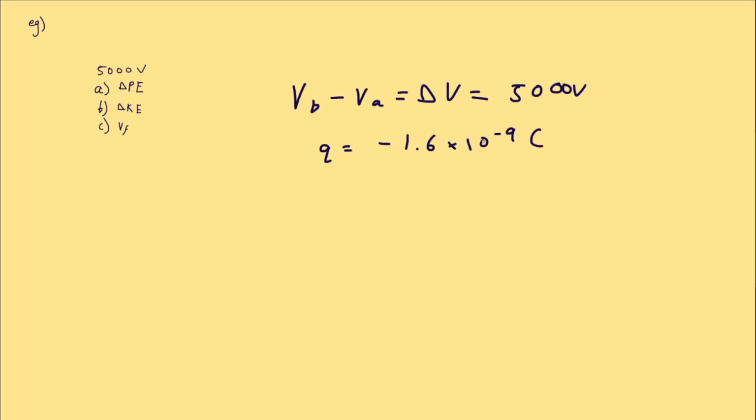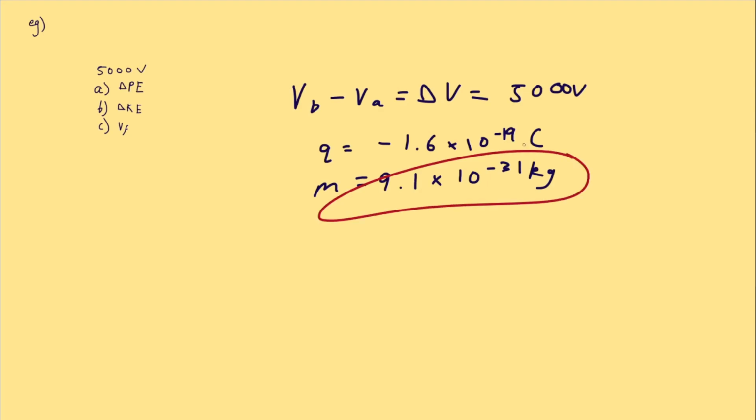We're given a few values. The change in V, which is VB minus VA, is 5,000. The charge of an electron, you can Google this, is negative 1.6 times 10 to the power of negative 19 coulombs. And the mass of an electron is 9.1 times 10 to the power of negative 31 kilograms. It's pretty light.